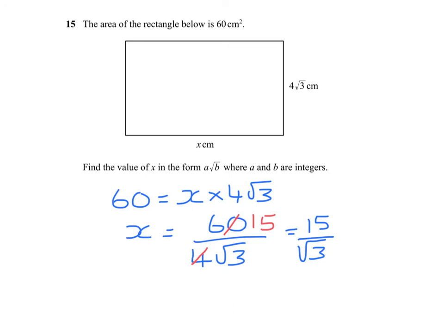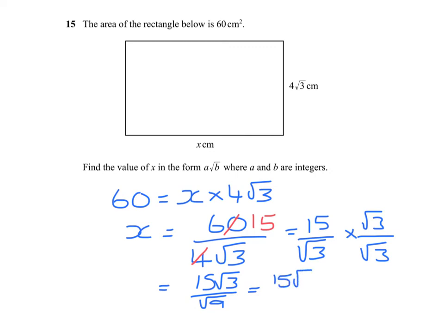Now we're not allowed to have a surd on a denominator, so we're going to rationalise it by multiplying top and bottom by √3. And that gives me 15√3 over the square root of 9. So that's 15√3 divided by 3. And finally I cancel the 15 and the 3 to get 5√3.